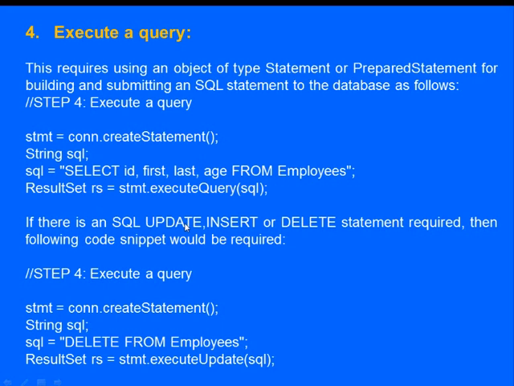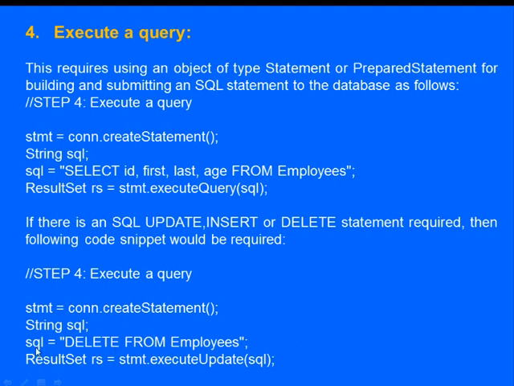If an SQL update, insert or delete statement is required, then the following code snippet would be required. Instead of writing the sql as a simple select statement, we may write: delete from employees. Delete from employees means it will delete all the data from the given employees table. And if we have some conditions, we can put the condition along with this delete statement: delete from employees where this and that condition.